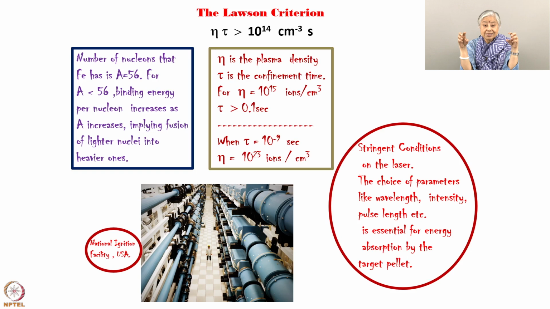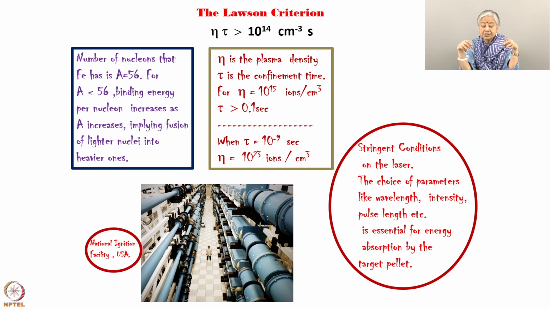But this is in case of a plasma with a plasma density of 10 to the power 15 ions per centimeter cube. Suppose it is a laser which is hitting a target, then the time scales we are talking about are in femtoseconds, and the density we are talking about is in terms of 10 to the power 23 ions per centimeter cube.